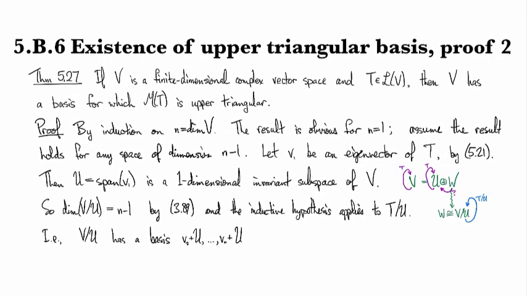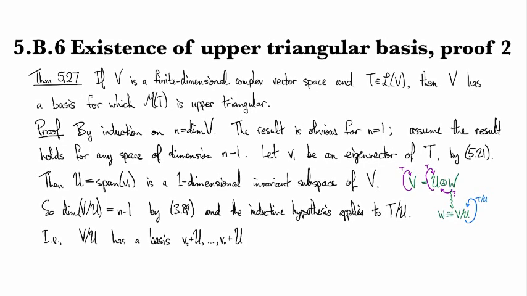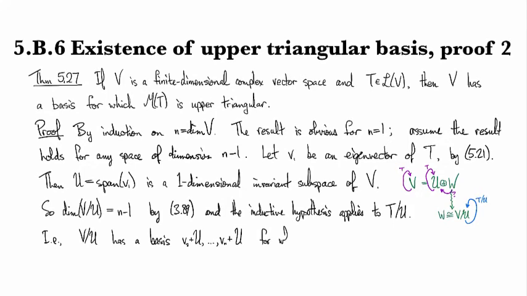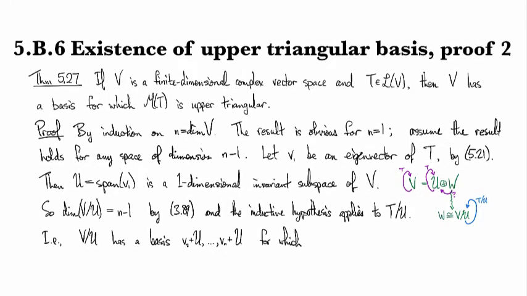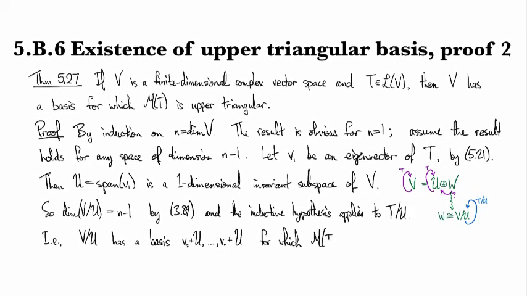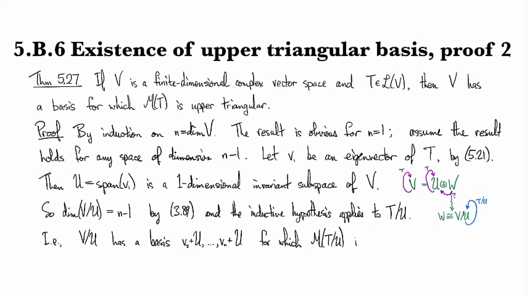So that's what elements of the basis would look like, for which the matrix of T mod U is upper triangular.